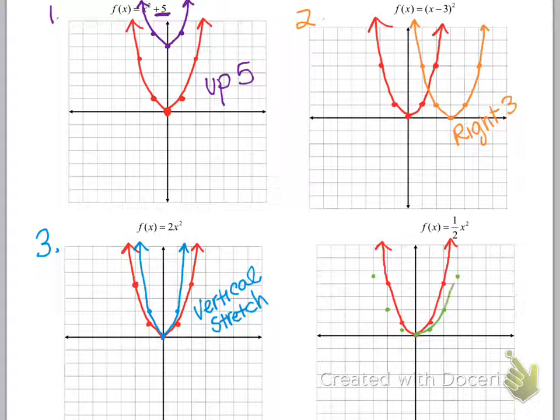So unlike the one we just did, this does not stretch. It actually gets wider. So we call this a vertical compression. Imagine taking the arrows of that red parent function graph and pushing them down, and it makes the two sides of my quadratic get wider. So we call this a vertical compression.